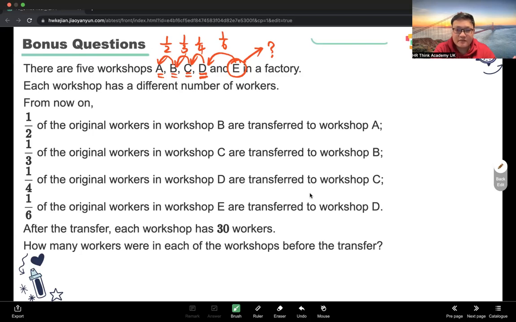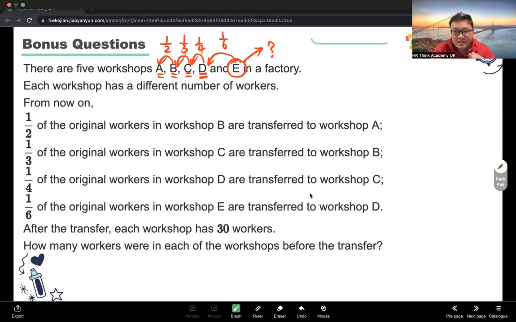What's going to be the number of D? Someone gave me 45. It's not 45. Why is it not 45? That is because D will receive 6 workers from E. So you have to add that 6.